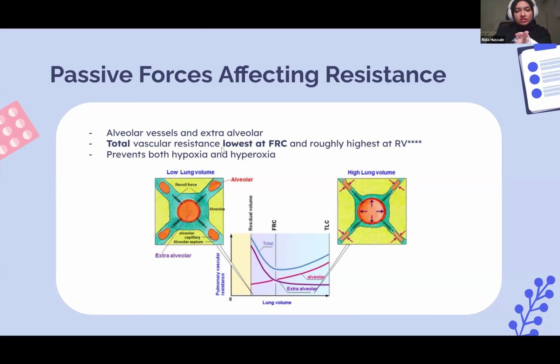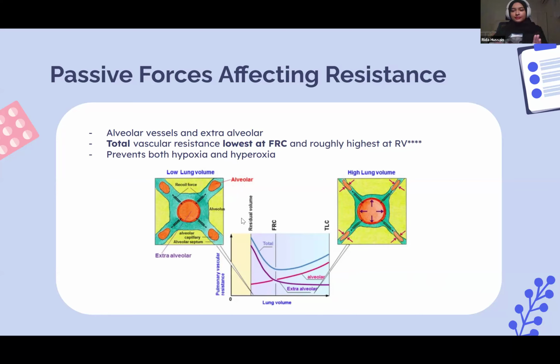Total vascular resistance is lowest at FRC and roughly highest at residual volume. Okay, what does that mean? The total graph line is this, the blue one. So the lowest resistance is at FRC, which you can see over here. This is the lowest resistance, but it's roughly the highest at residual volume.